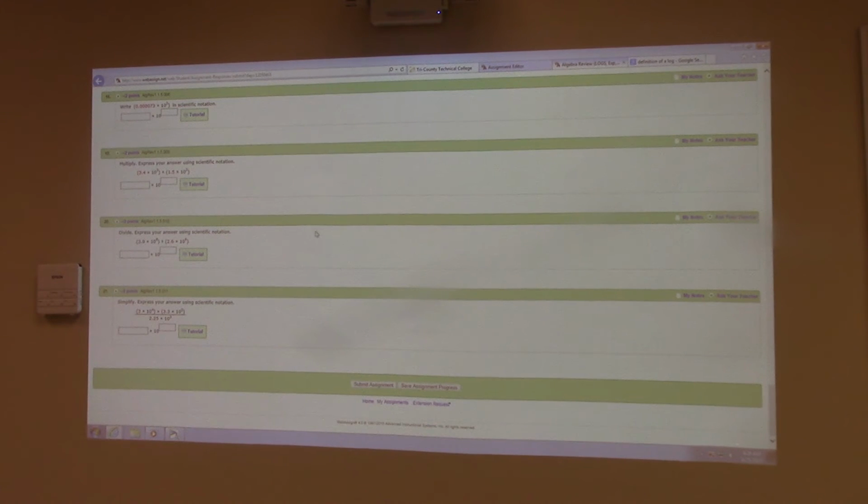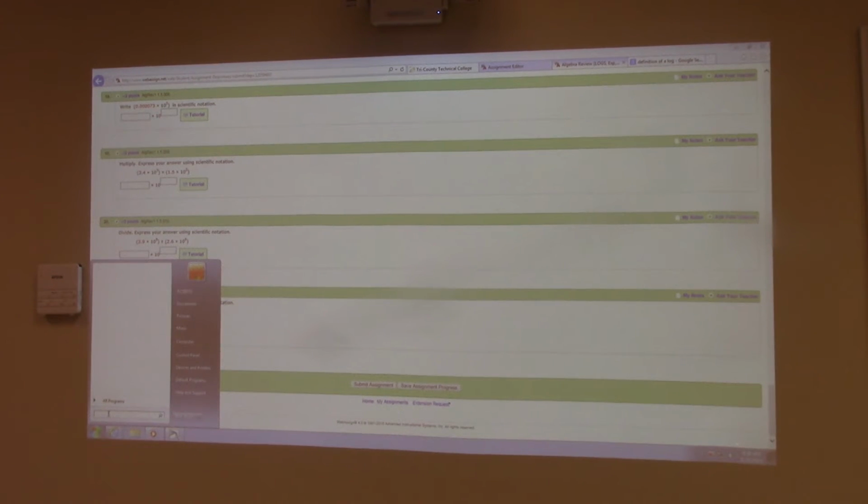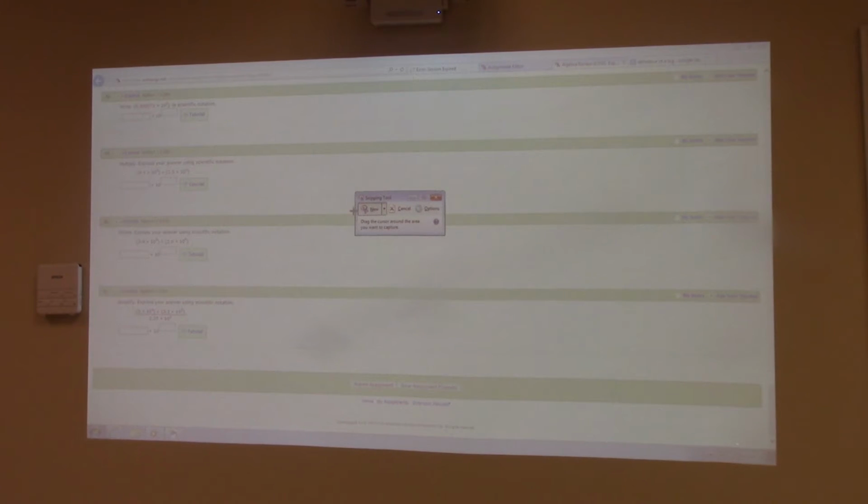All right, how's your scientific notation? Scientific what? Okay, yeah. That's what I thought. Y'all suck. Go ahead and write down, let's do number 19 and 20. I pulled the tool out again.